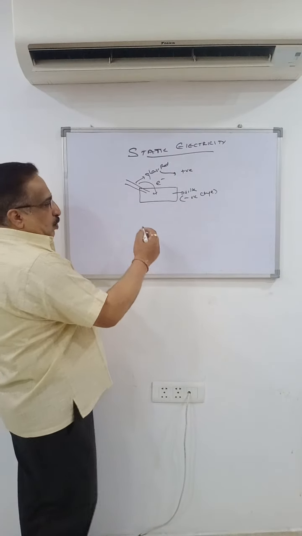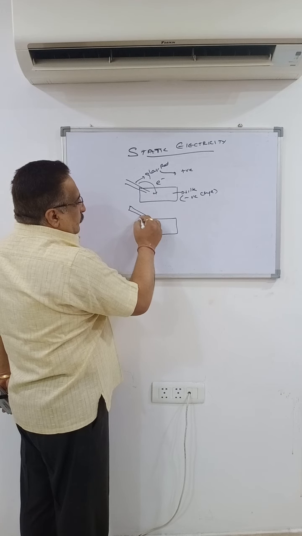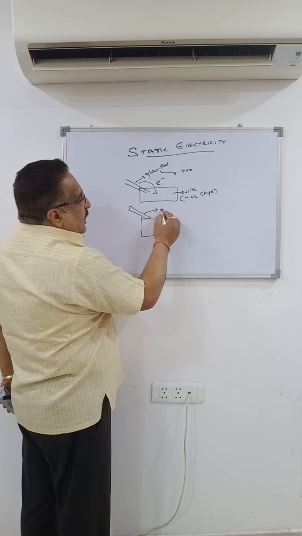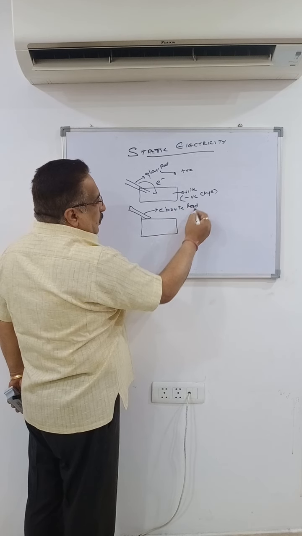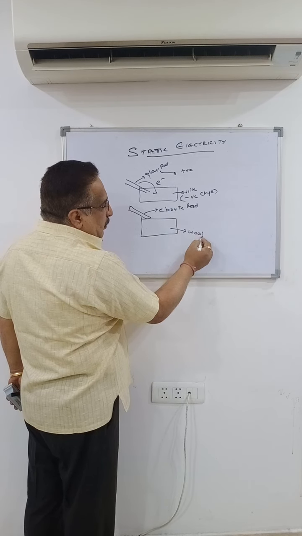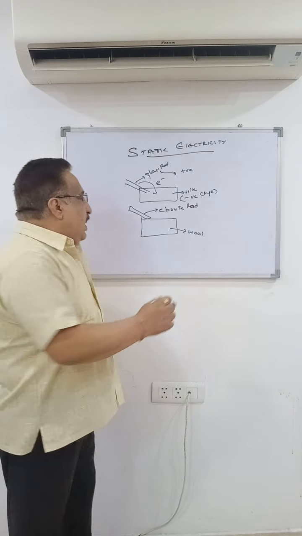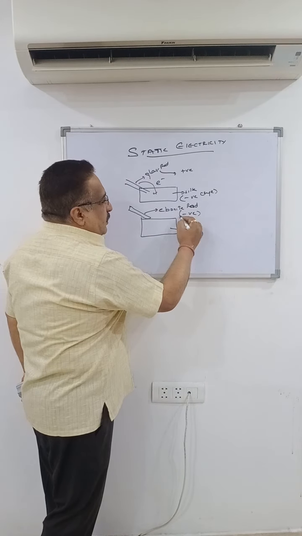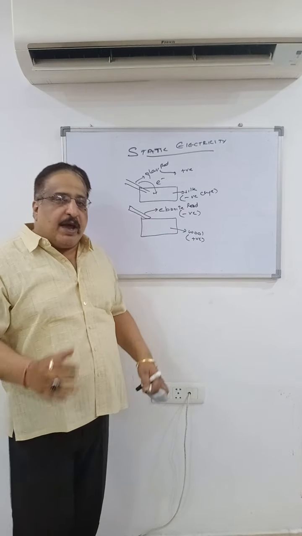Example number 2. If you rub an ebonite rod with wool, in such a case, the ebonite rod acquires a negative charge while the wool acquires a positive charge. Why does it happen?